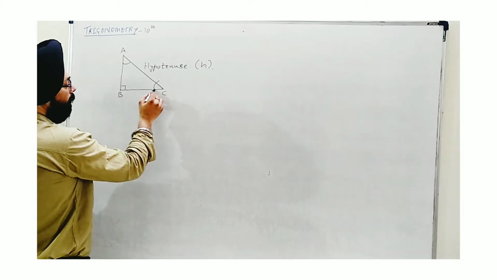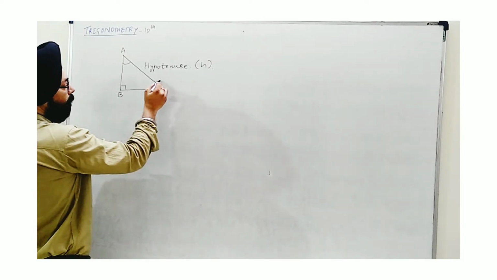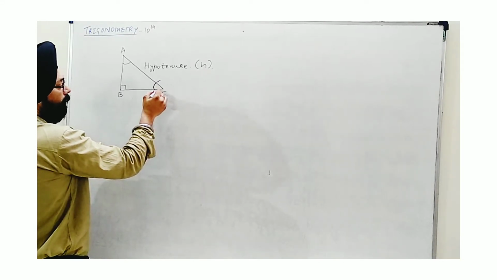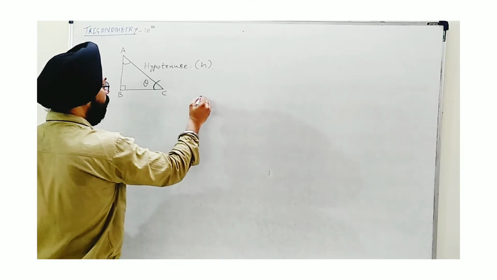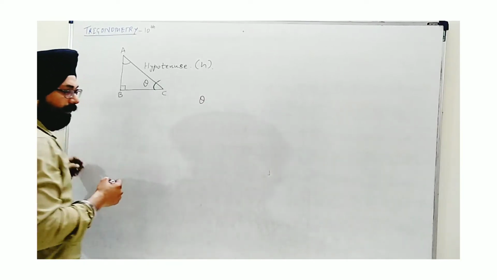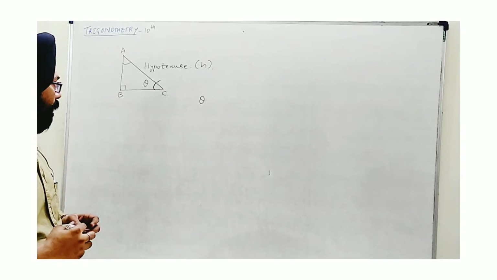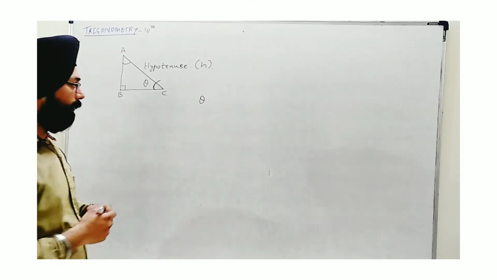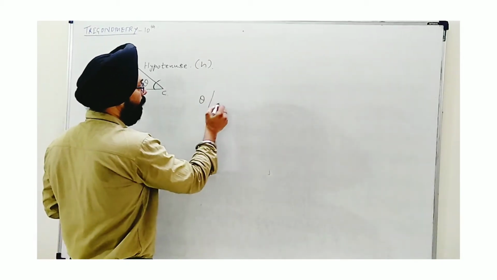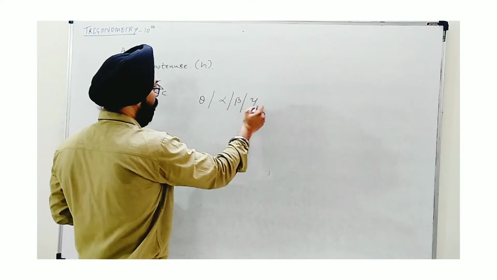Now for this moment, if I consider acute angle C using a symbol theta, let me tell you sidewise that this is a Greek letter, which is used as a symbol only. You can use theta, or other symbols such as alpha, beta, gamma.